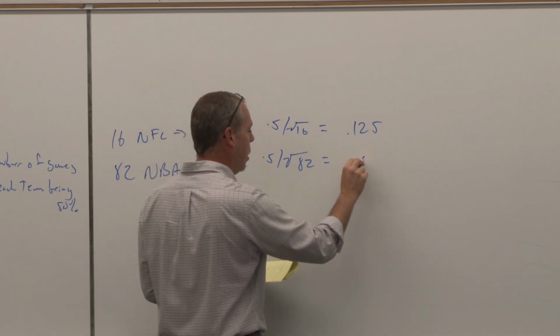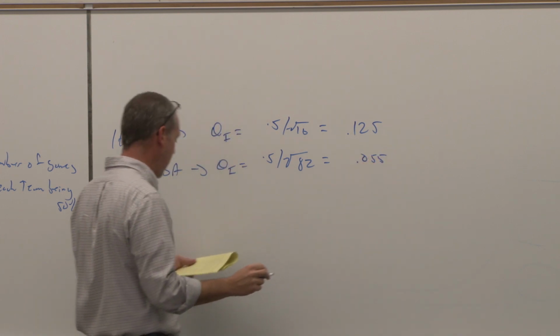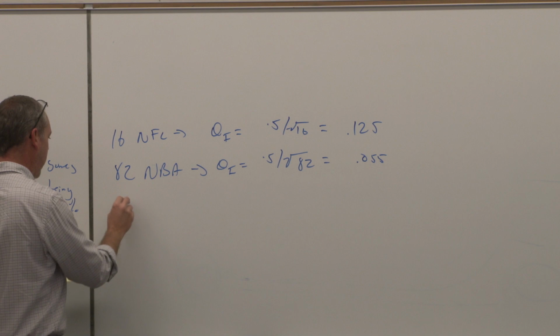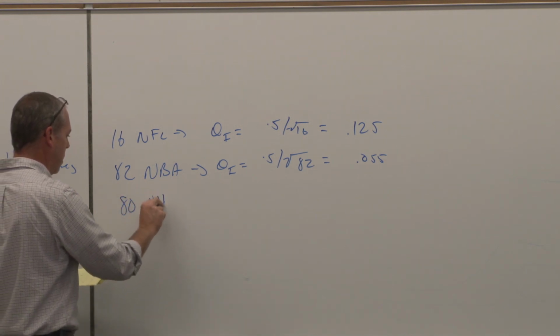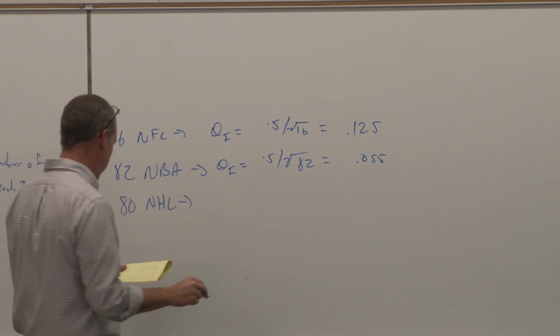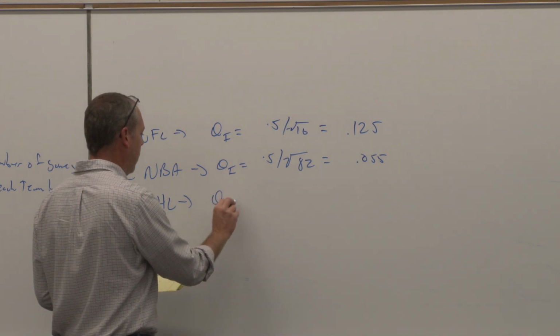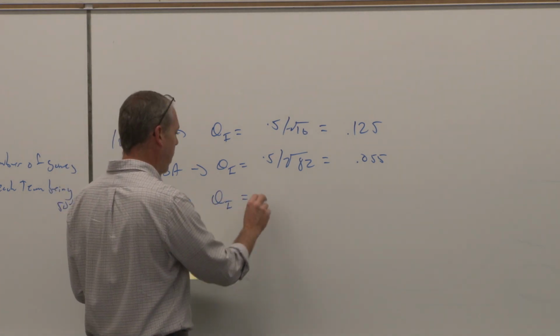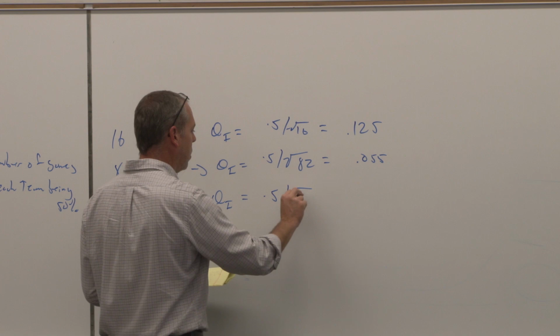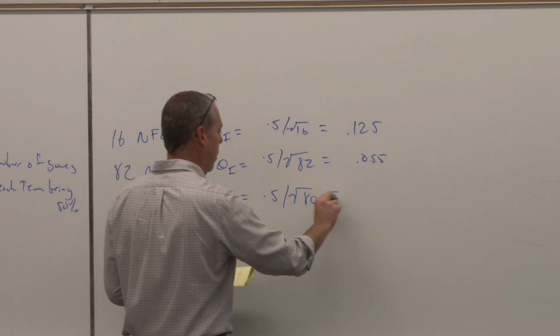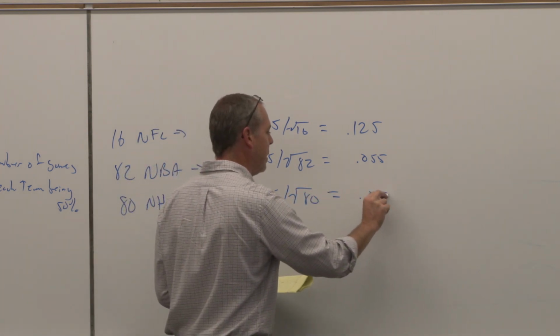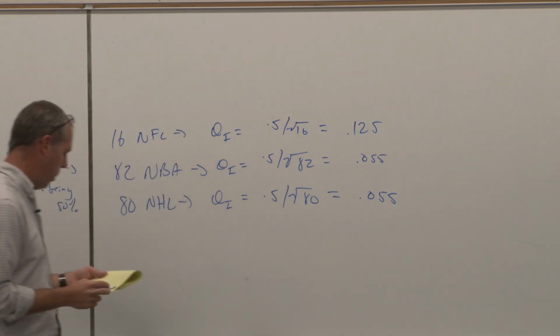All right, so 0.055. We've got 80 games in the National Hockey League. So this guy gives us theta I, 0.5 over the square root of 80. All right, well, he's not going to be exactly equal to 0.055, but pretty darn close.